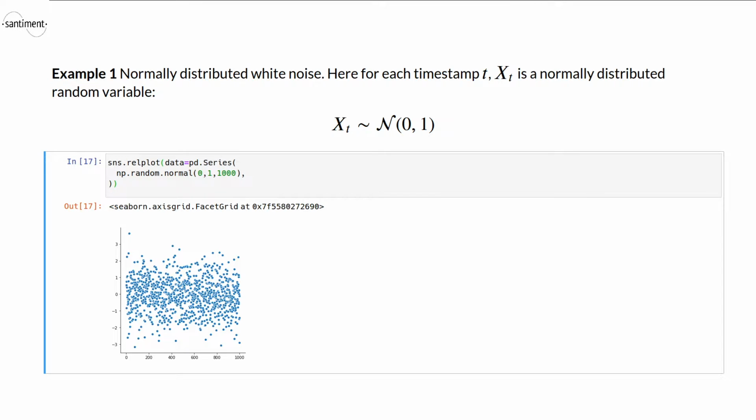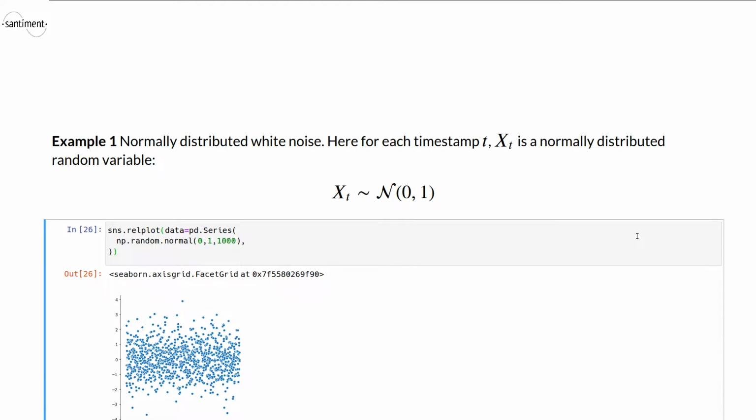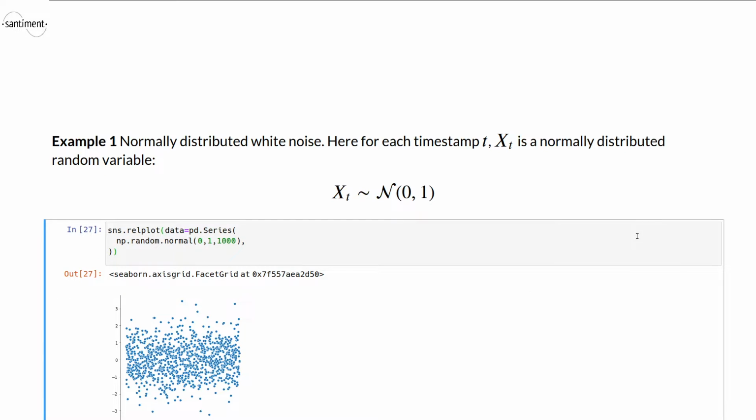Here I draw one sample. I have 1000 timestamps, and for each timestamp I draw one sample and then plot it, and this is what you get. I can draw many samples. Here you see a different sample, here another sample, and so on. So from one stochastic process you can draw many samples.